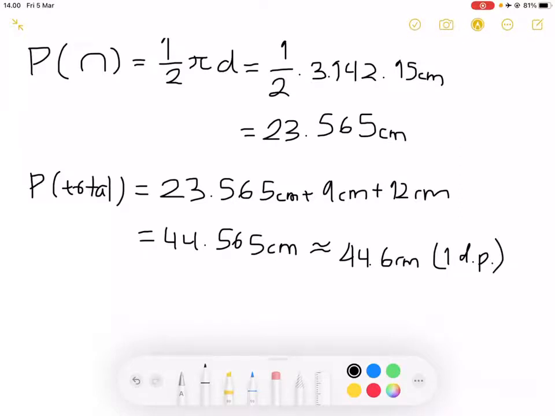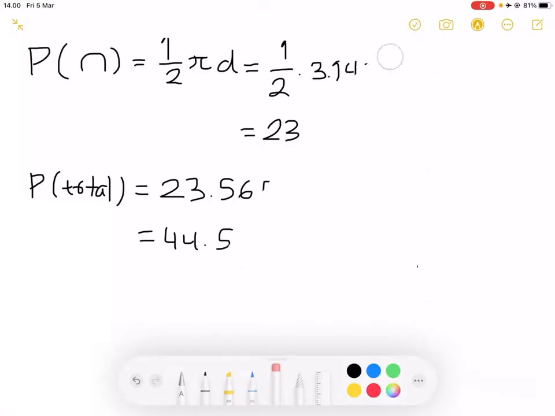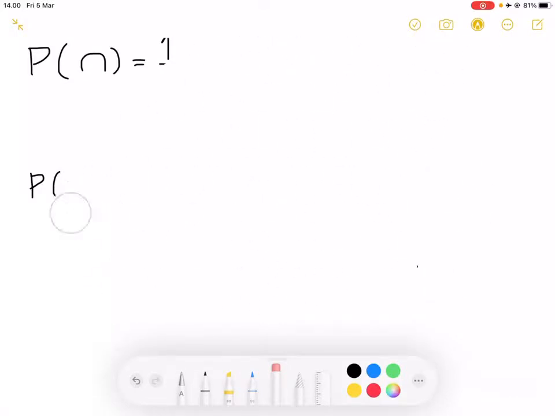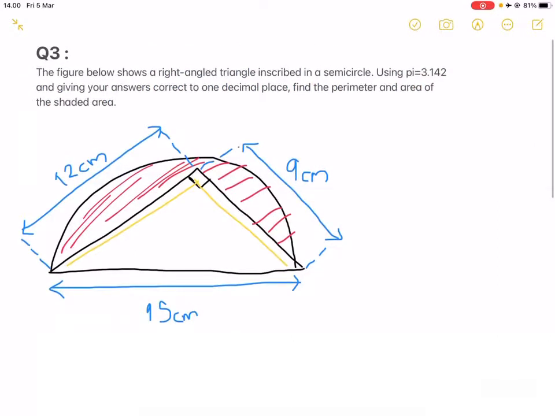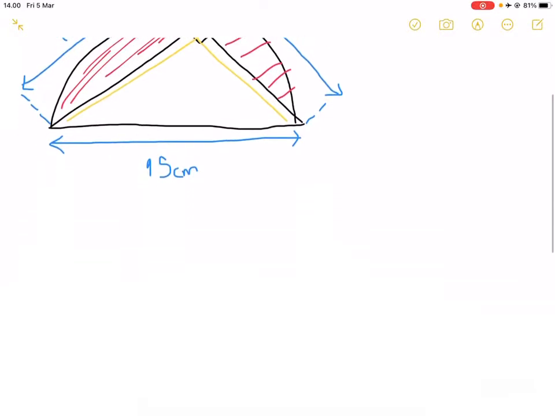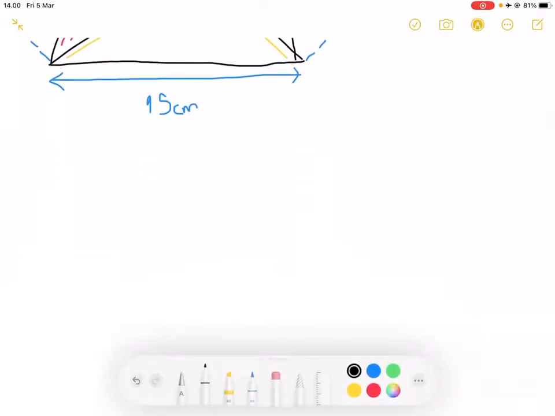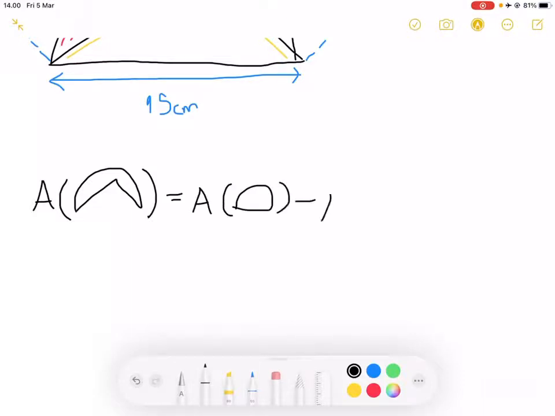Now we're ready to work out the area. Alright, so if you haven't noticed already, the area of this shape right here is equal to the area of the semicircle minus the area of the right angle triangle.